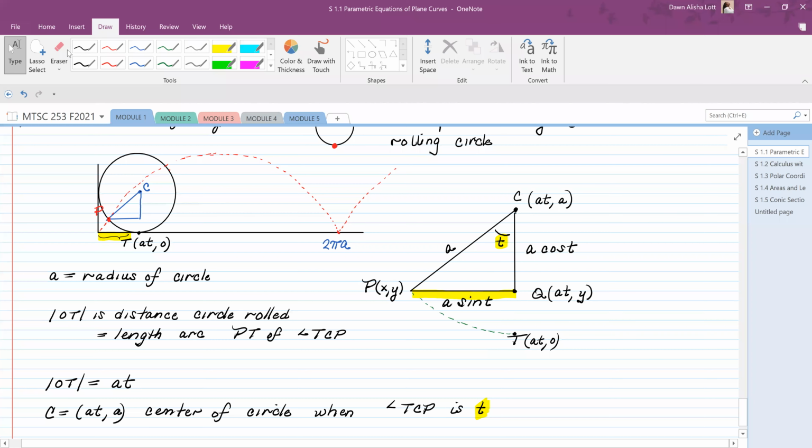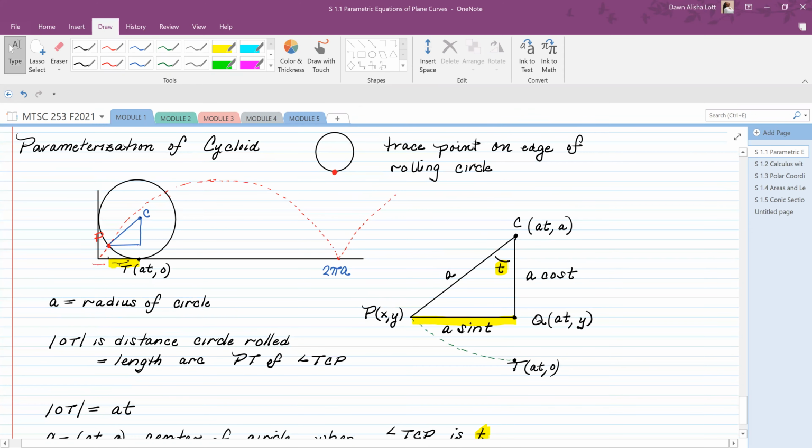So A t, which is this whole length, I subtract off the x value, which is this little piece right here, and that gives me this long piece right here, which is A sine t.